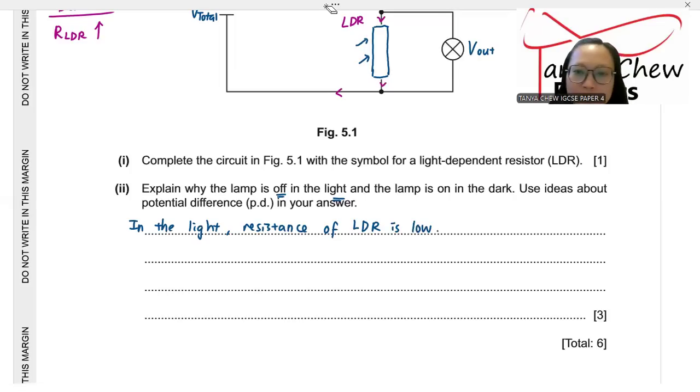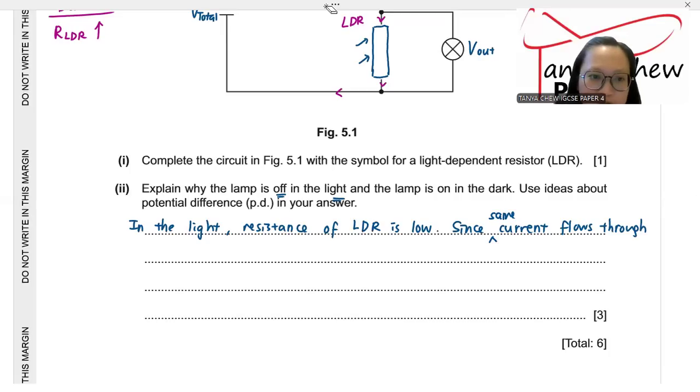So since the same current flows through, just compare between the fixed resistor and LDR first. That's very important.